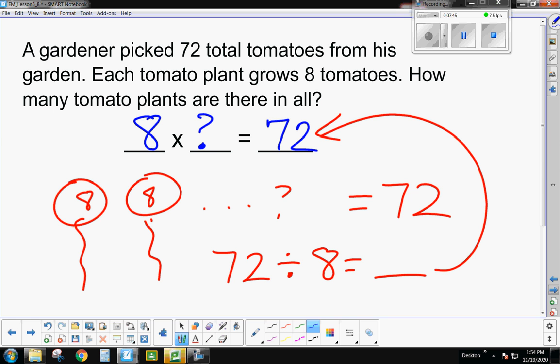Or it doesn't matter if you wanted to turn it around because you don't know how many groups. I don't know how many blank groups of 8 equals 72. So either way, now what times 8 equals 72? And you should have 9 times 8 equals 72.